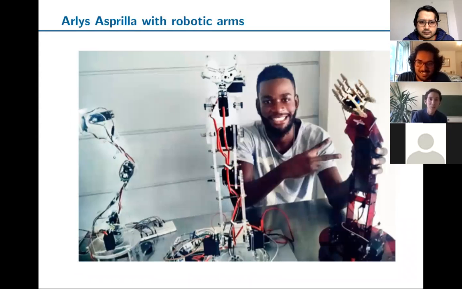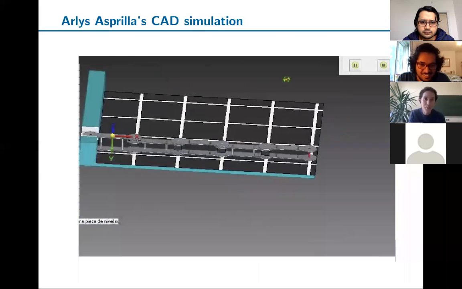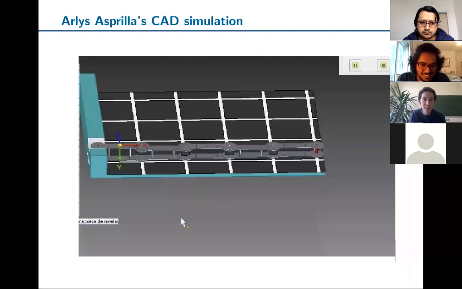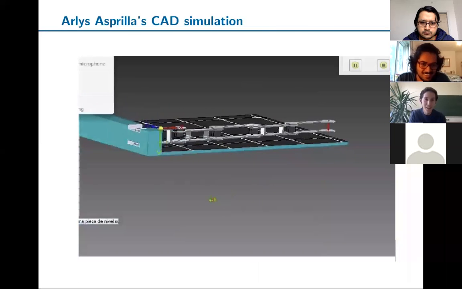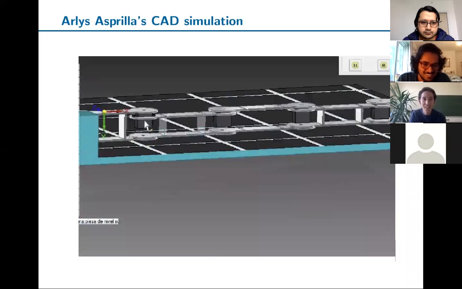Among them was Arlys Asprilla, who already had some experience constructing robotic arms. He got interested in this project, and he went ahead and made a CAD simulation of how we should construct this robotic arm. So he was explaining to us how to do it in reality. And this is his video.